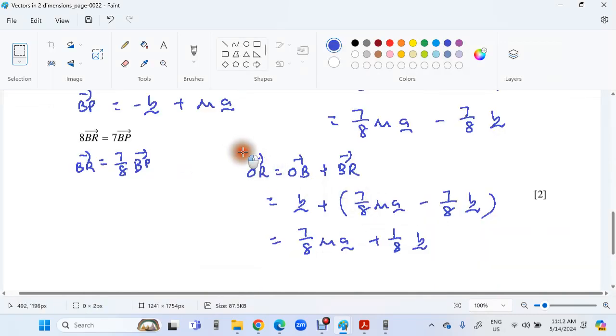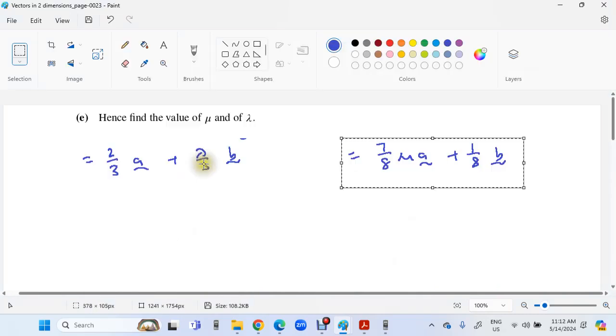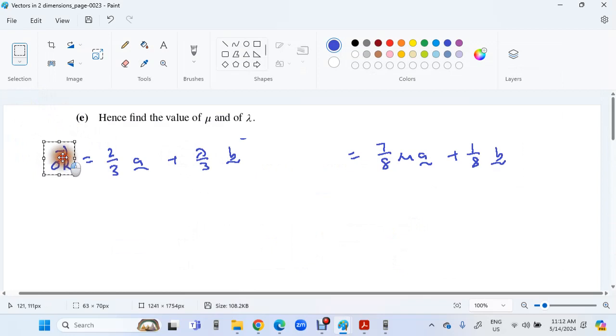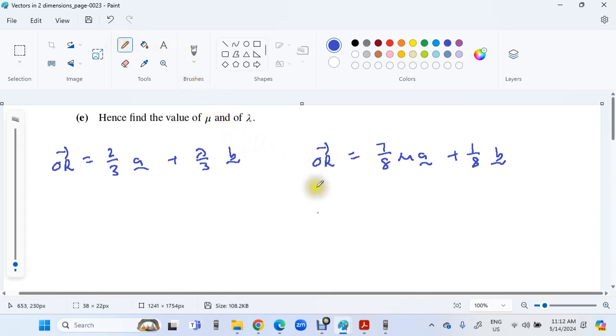Both of these are OR, so we can compare them. We compare the coefficient of A.